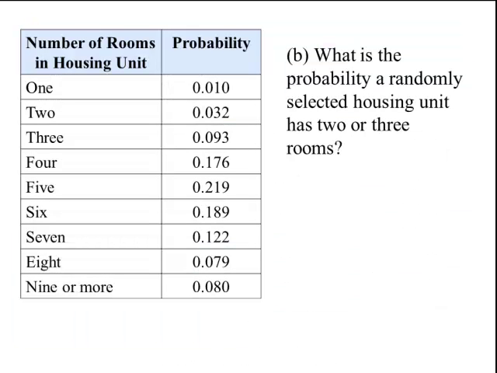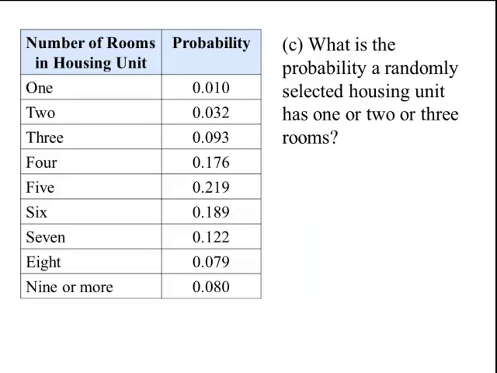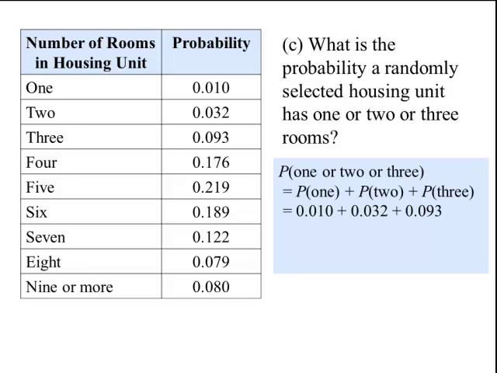B, what's the probability that a randomly selected house has 2 or 3 rooms? Well, these events are mutually exclusive. They are disjoint. So we simply add the probability of 2 plus the probability of 3, and we get a probability of 0.125. C, what's the probability that a randomly selected housing unit has 1, 2, or 3 rooms? Again, these are all disjoint, so we simply add up their probabilities, and we see it's 0.135.